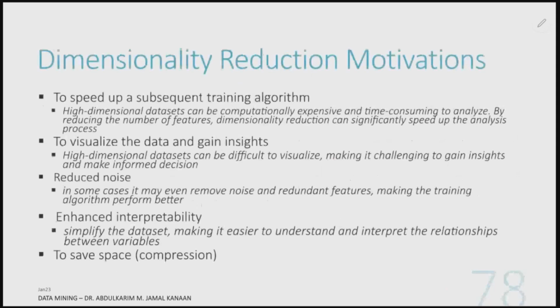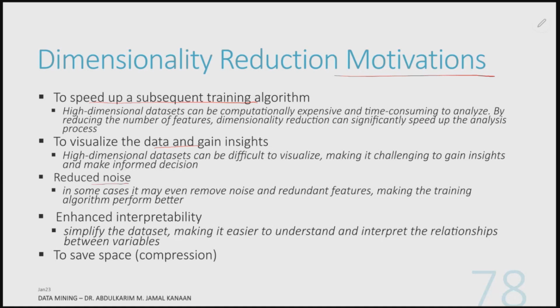Okay, so what are the motivations behind dimensionality reduction? When we are interested to apply dimensionality reduction, one reason is to speed up subsequent training algorithms. We have too much data and we would like to reduce the dimension of the data. Another is to visualize the data and gain insight, like the example we've seen for the 17 food types of UK, right? We visualize the data and gain insight that North Ireland or Scotland was quite different than the others.